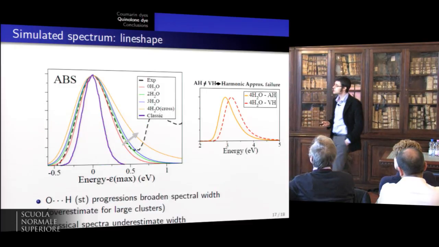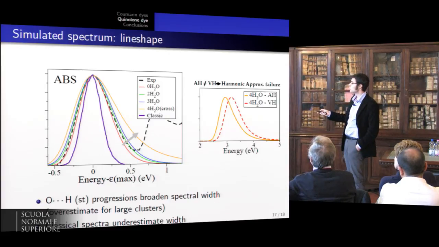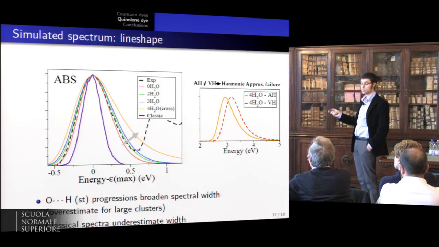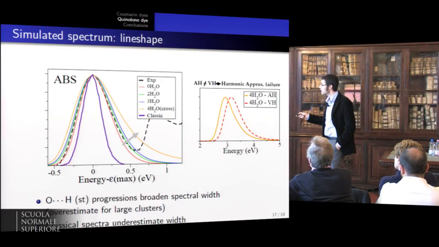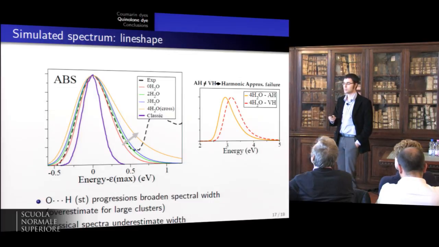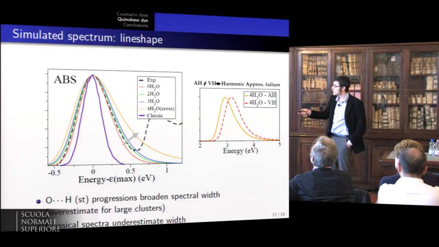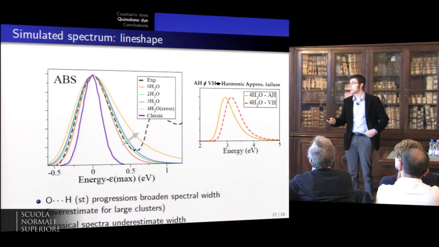And just to finish, what about the line shape? Here we can see that, as we wanted at the beginning, the OH progressions that arise during the QM calculation actually increase the width of the spectrum.